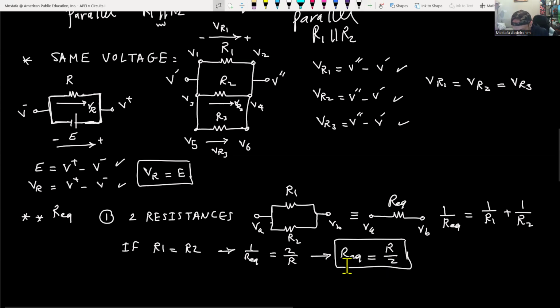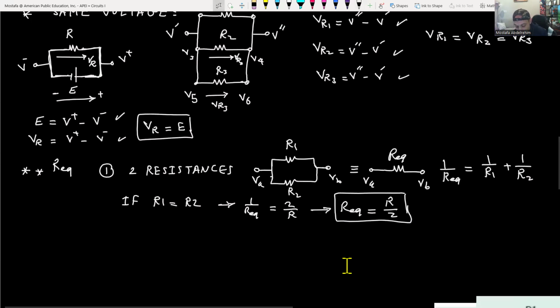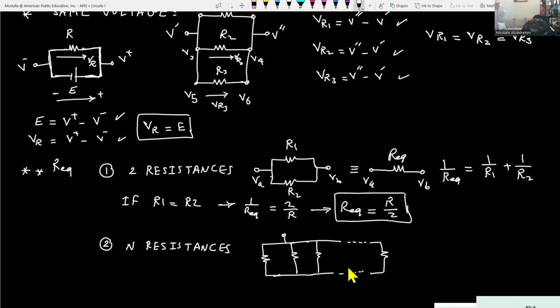Okay. The second case, what if we have n resistances? Number 2, n resistances: R1, R2, R3, Rn between VA and VB.